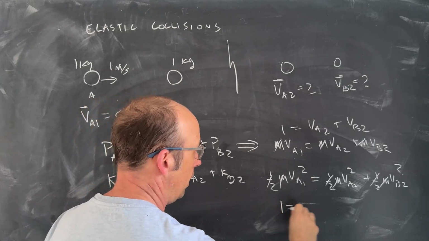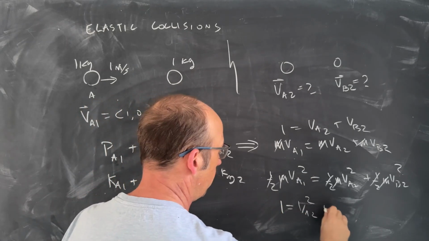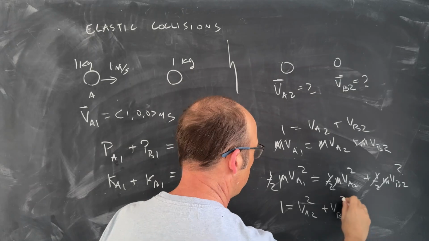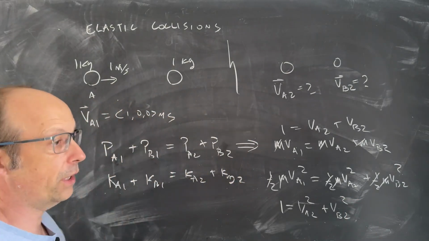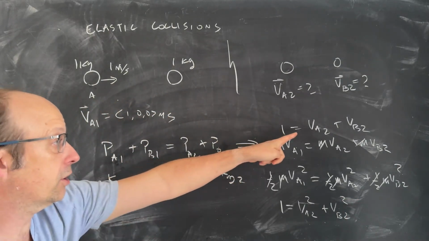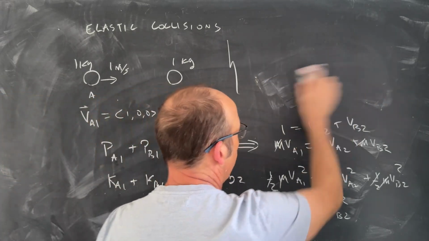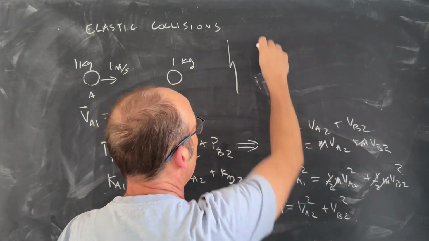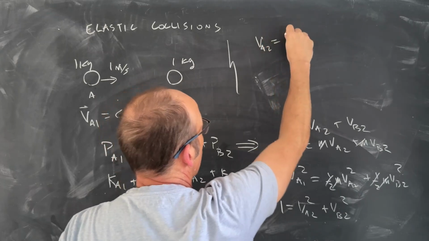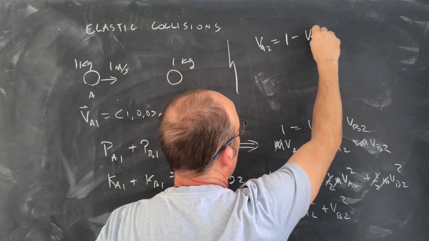So I have 1 is VA2 squared plus VB2 squared. Okay, two equations, two unknowns, right? So let's just go up here and solve for VA2, and I'm going to plug that in. VA2 is 1 minus VB2.